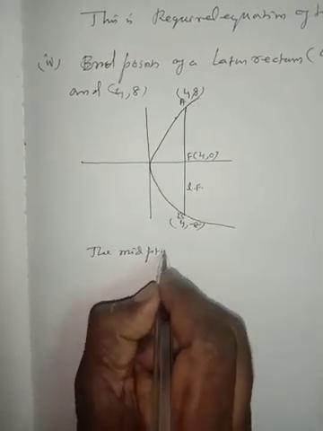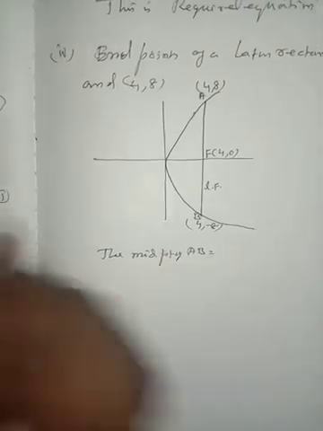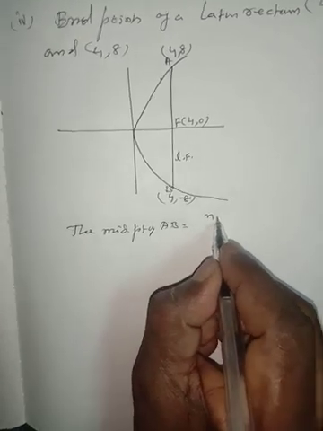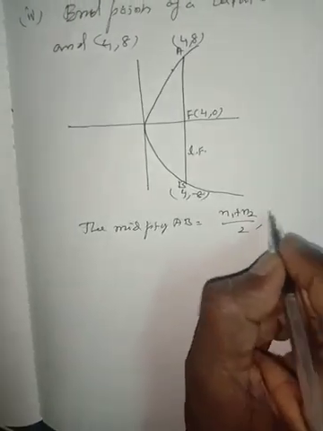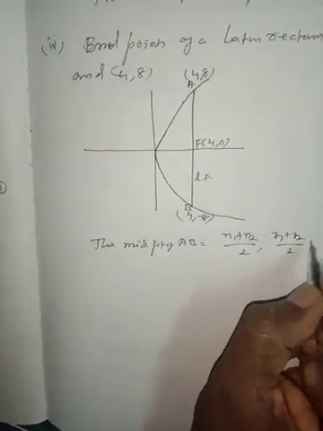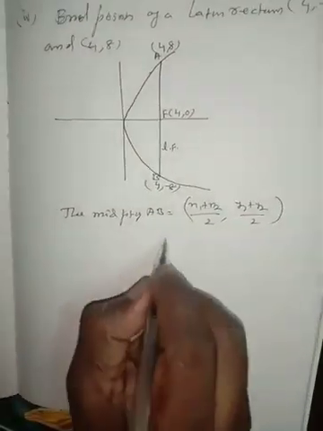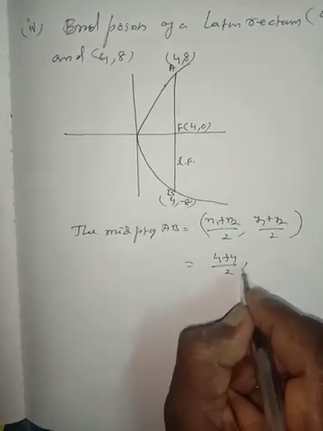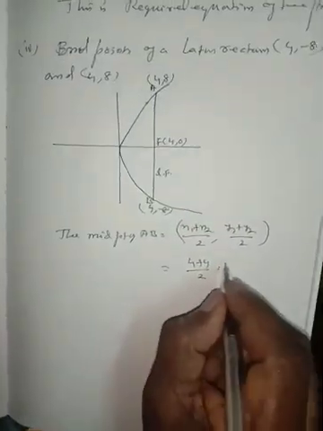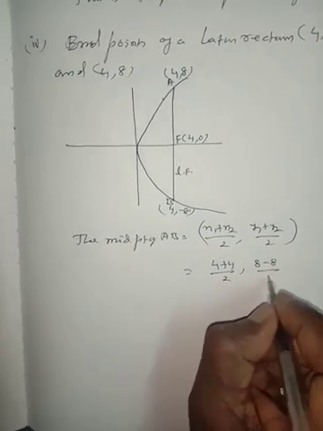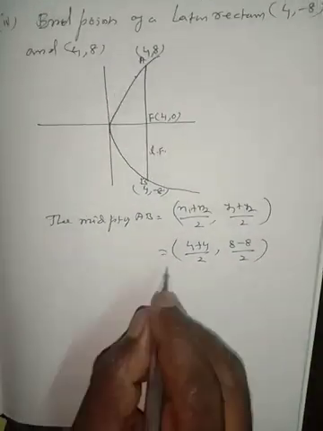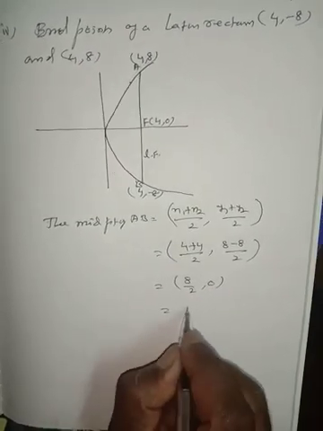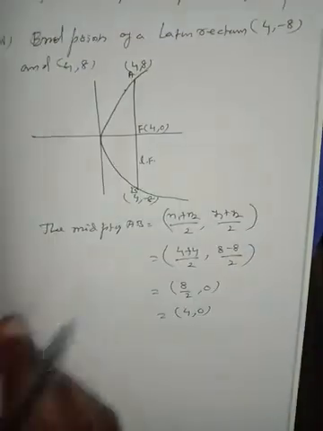The midpoint of AB is given by the midpoint formula: x1 plus x2 divided by 2 comma y1 plus y2 divided by 2, is equal to 4 plus 4 by 2 comma 8 minus 8 divided by 2, is equal to 8 by 2 comma 0, 4 comma 0. 4 comma 0 is the focus.